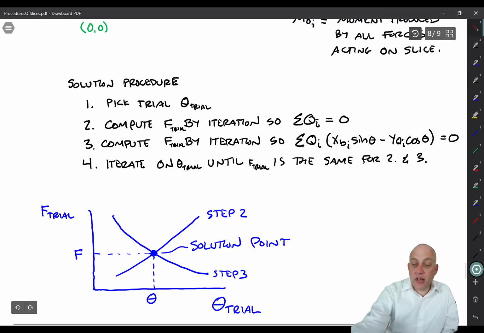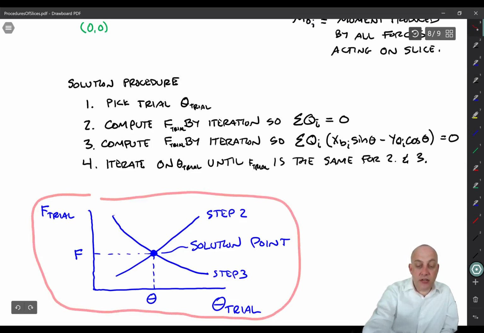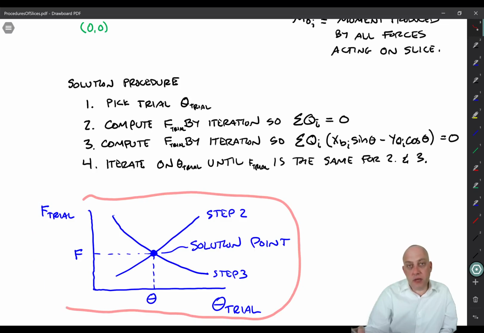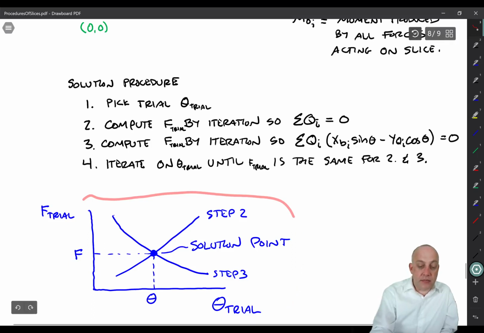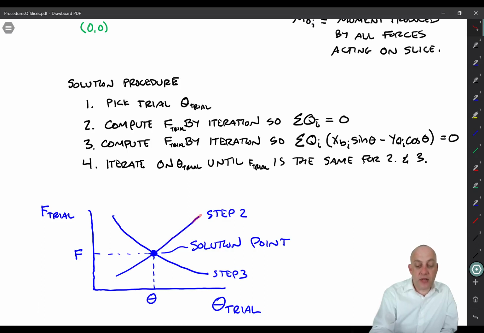And that's illustrated graphically here. So if you were to plot F trial versus theta trial, the shape of these lines depends somewhat on where your datum is and other things like that. But anyway, you would get one curve that gives you force equilibrium. So these are all the F trial values for those theta trials that give force equilibrium.